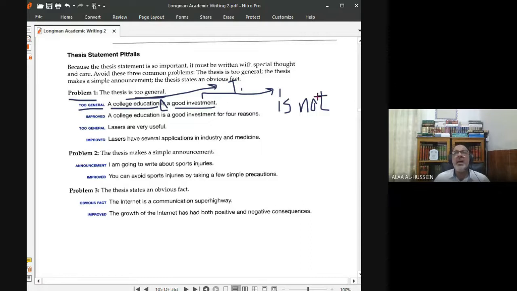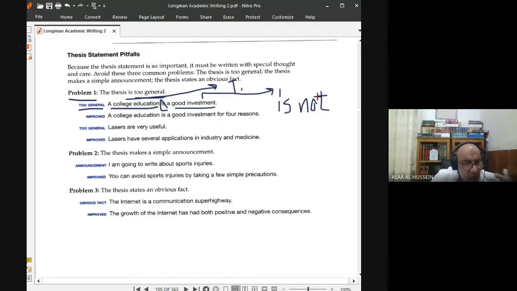For example, when I say a college education increases, it is different from saying a college education decreases. يعني فرق 100%. بدل ما اقول minimize اقول maximize، بدل ما اقول decreases اقول increases. يعني تغيير الفعل يغير الكنترولينج ايديا. فالطلاب اللي قالوا is a good investment is right، اللي هم شهلاء حسن ونسرين مجاهد، كتبوا is.